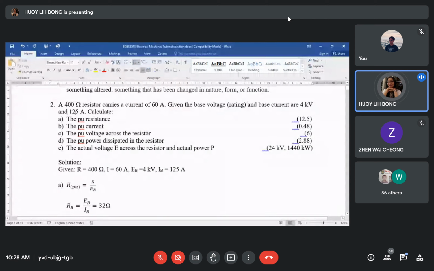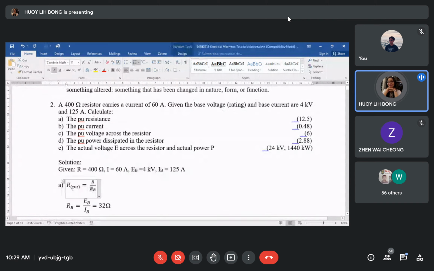So they already mentioned this is base value. If not, usually we use the rating as your reference. Base also means reference, which you use in the calculation to find the per unit.